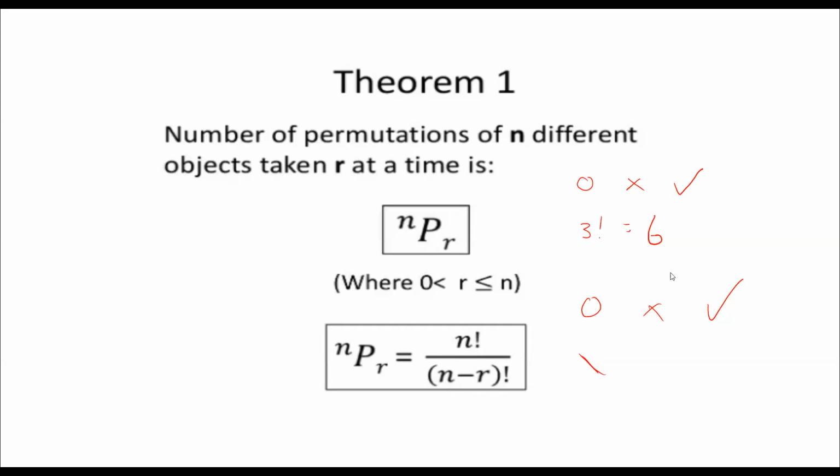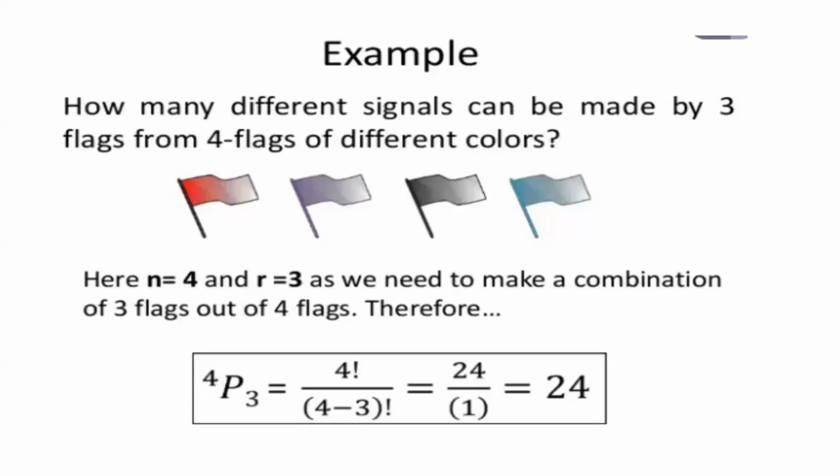Okay, so this is another example. You're asked how many different signals can be made by 3 flags from 4 flags of different colors. This kind of thing used to be done long ago, when men were in battle and far apart. They might have different color flags.